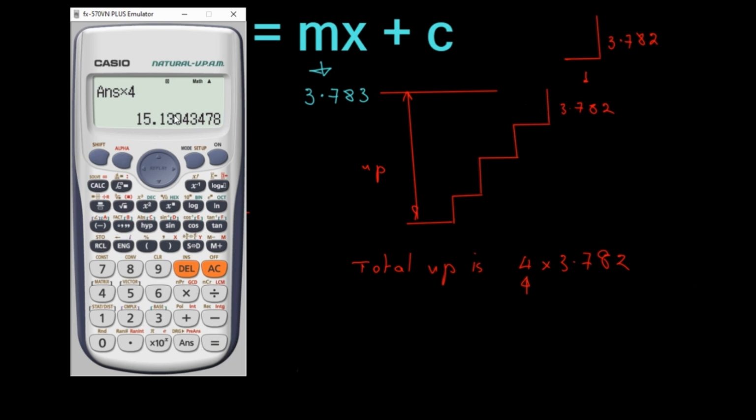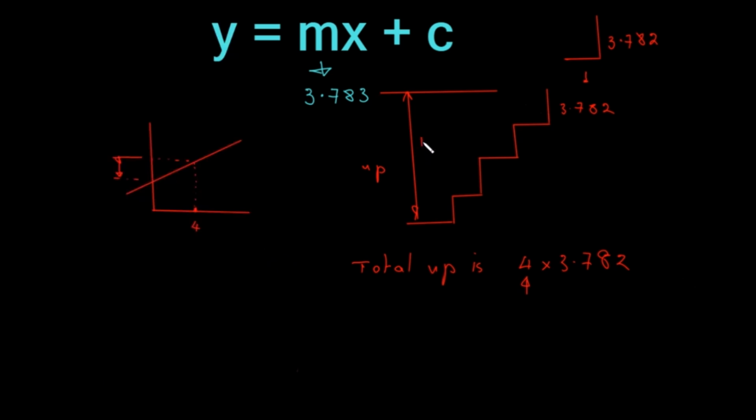1, 2, 3. Now the number to the right of the cutoff is less than 5. So we do not change the 0. So this up here is 15.130, which is this bit here.